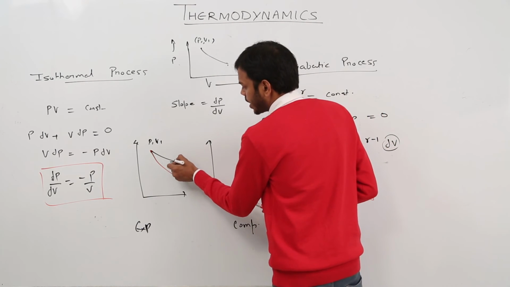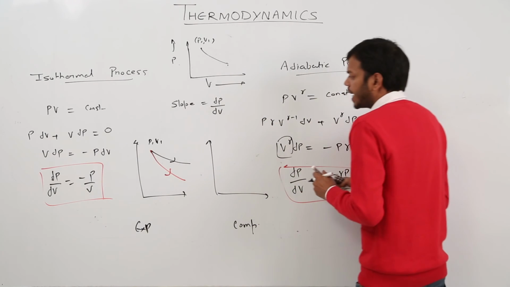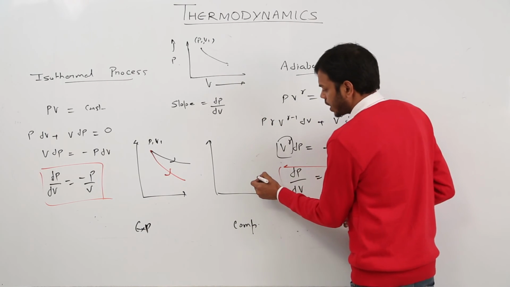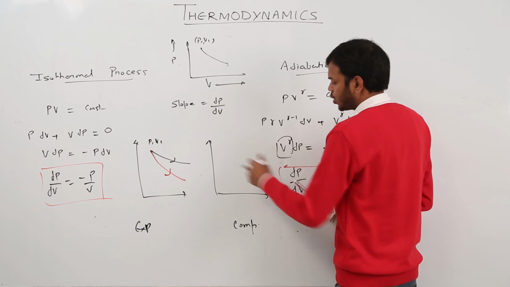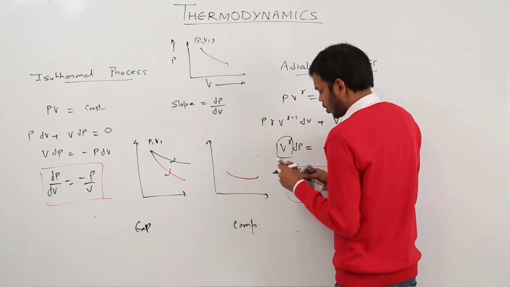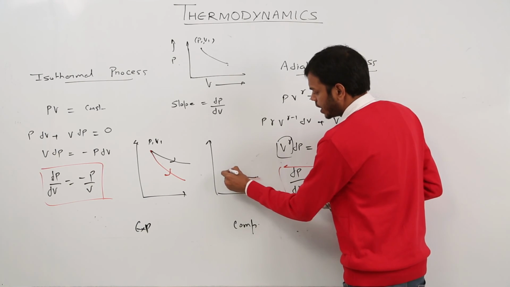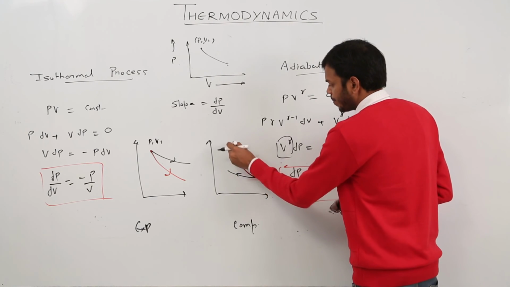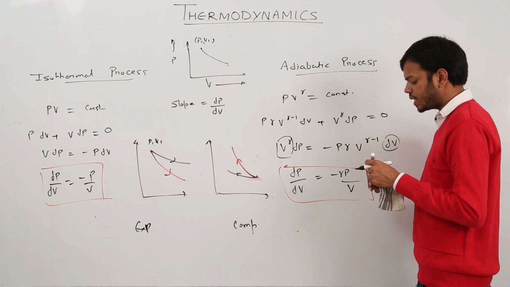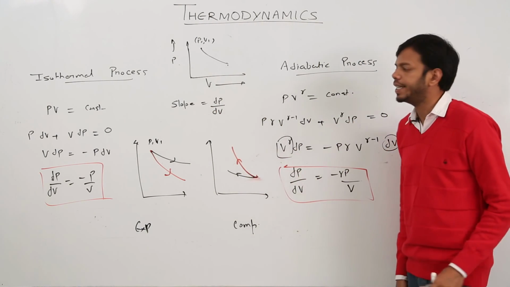This is the trend the graphs follow in expansion, whereas in compression, starting from this point, compression in isothermal would be this, and adiabatic would be steeper, and that would be this. So this is the difference in the slope of the PV indicator diagram for isothermal process and adiabatic process.